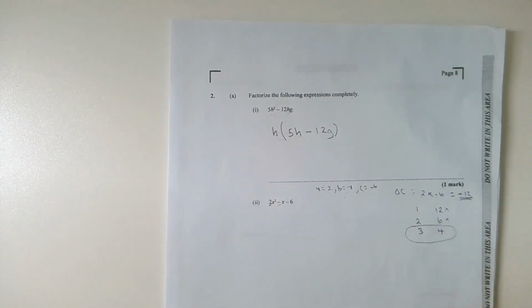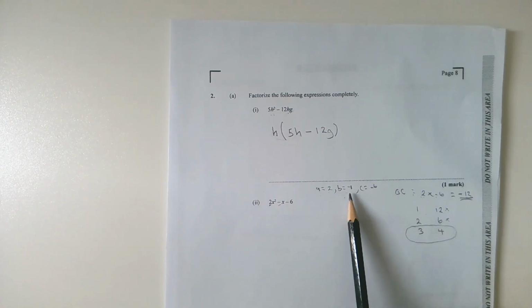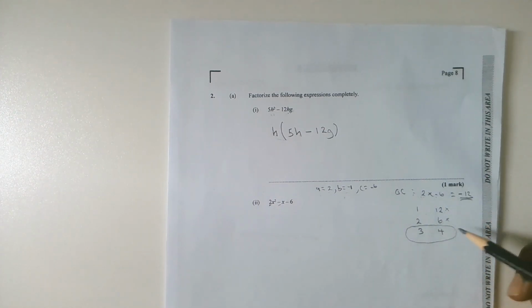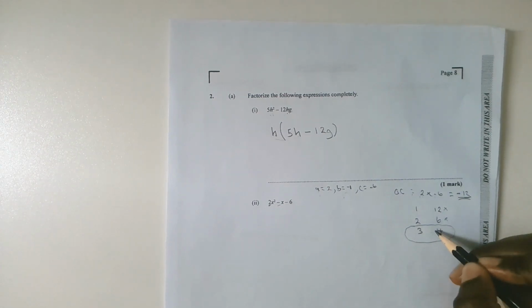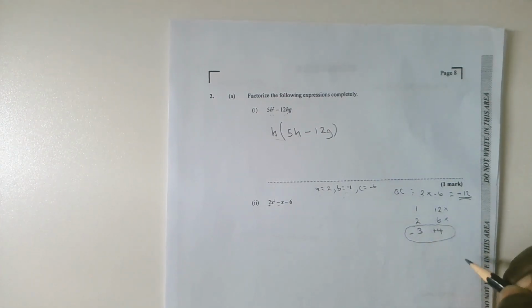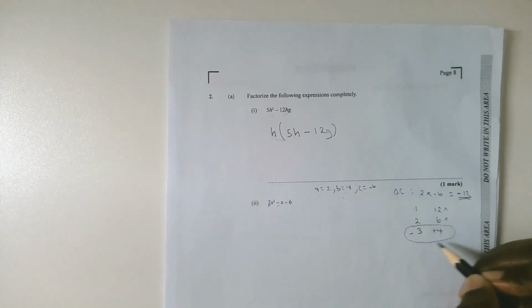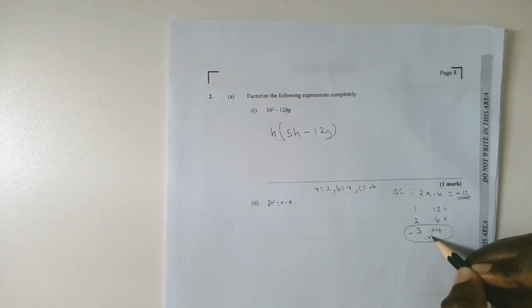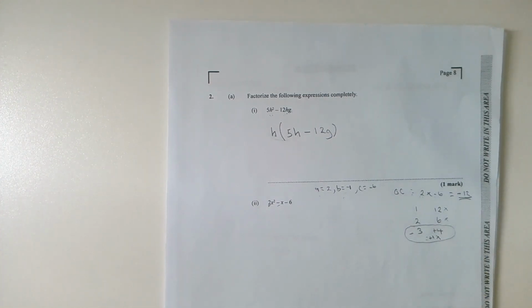Now we need to look at our signs. So remember, it has to multiply to give us a negative 12. And when added or subtracted, it has to give us a value of negative 1. So if we have a positive 4 and a negative 3, that would give us a value of a positive 1, which is not what we're looking for.